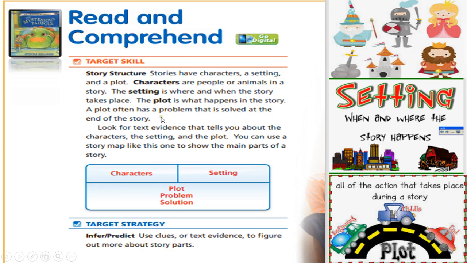Sometimes they leave some details hidden because they want the reader, just like yourself, to figure out more about the story. Using what? Some clues that they give you in the text, some text evidence, words, and some clues in the pictures and illustrations, because they will leave it to your imagination to figure out more about the story and about what will happen next.